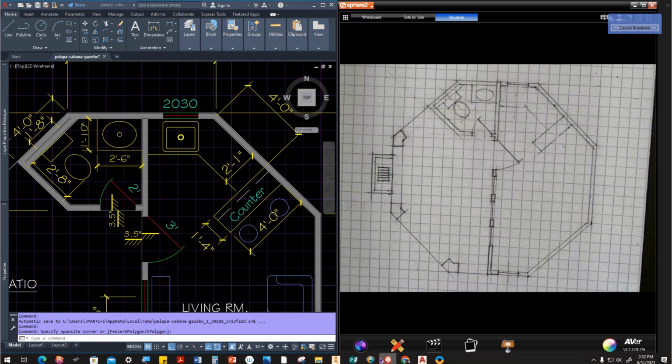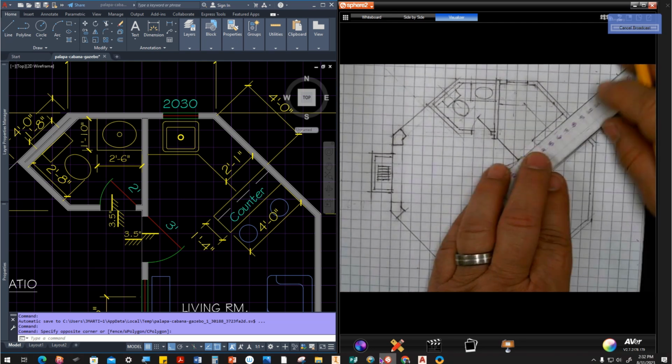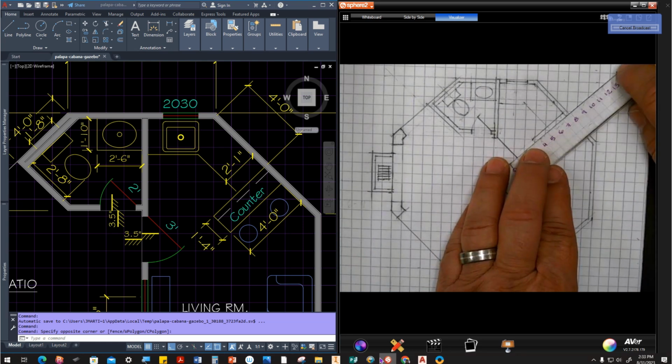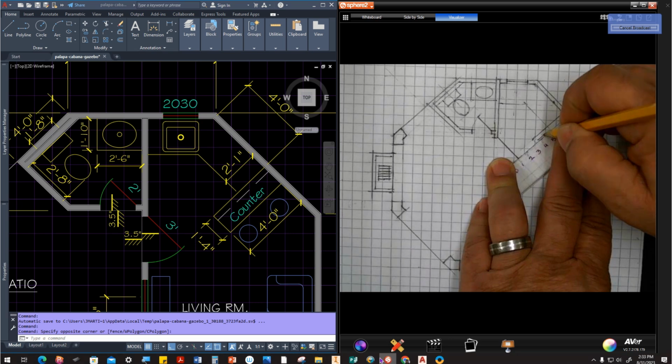And there you have the countertop. Supporting this counter, there's supposed to be a wall here under the counter. And because it's under, it's hidden from view. So do that in hidden line type.